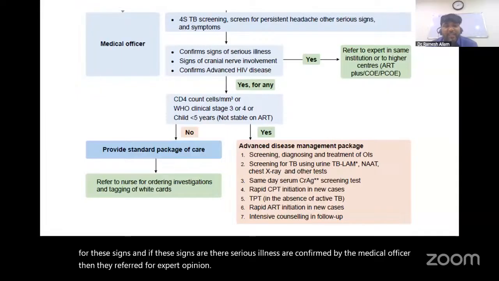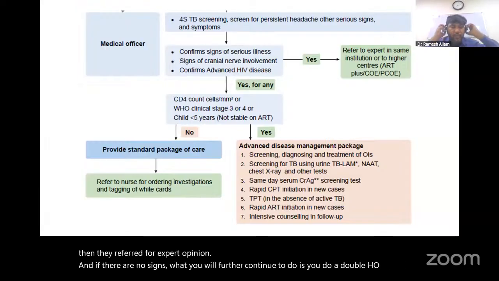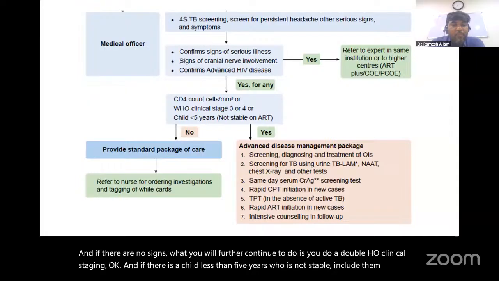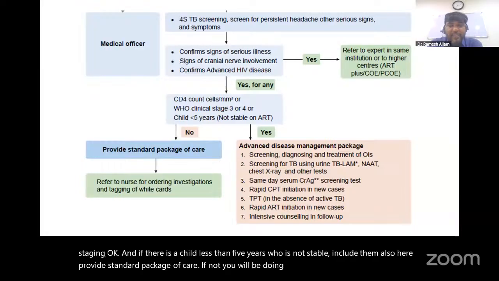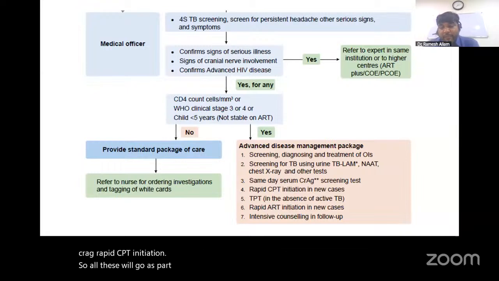If there are no signs, you continue to do a WHO clinical staging, and if there is a child less than 5 years who is not stable, include them also here. Provide the standard package of care. If not, you will be doing LAM, X-ray, CrAg, and rapid CPT initiation. All these will go as part of the advanced disease package.